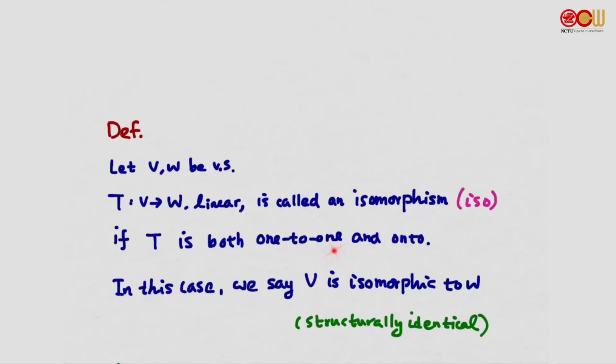So if it's 1 to 1 and onto, then we say it's an isomorphism. In this case, we say V is isomorphic to W. And isomorphic actually means structurally identical, so that it says V and W have the same structure.